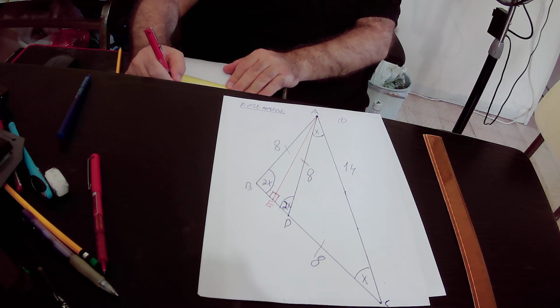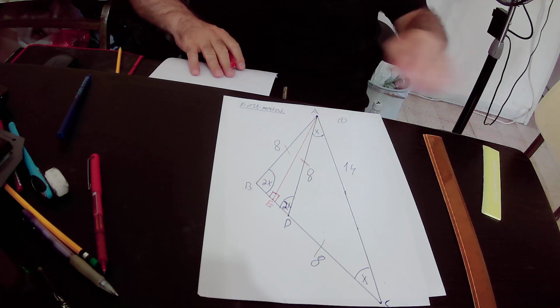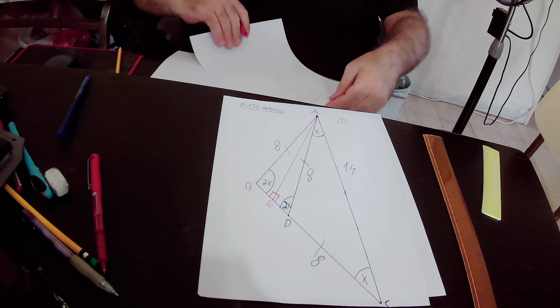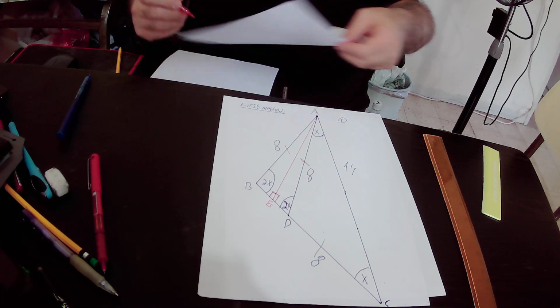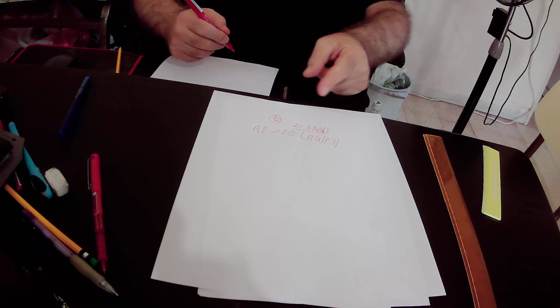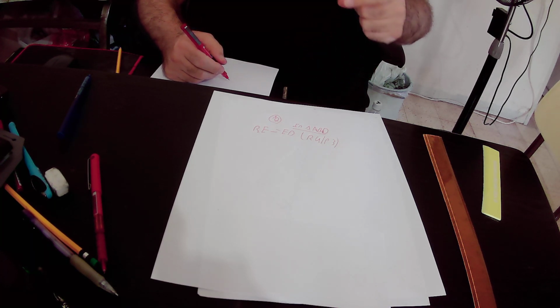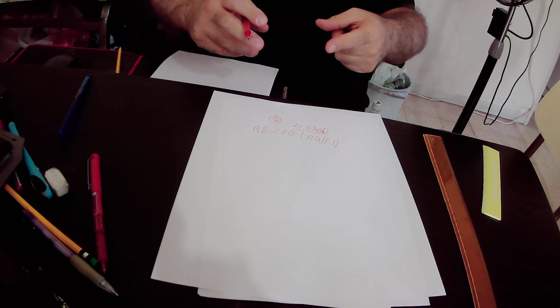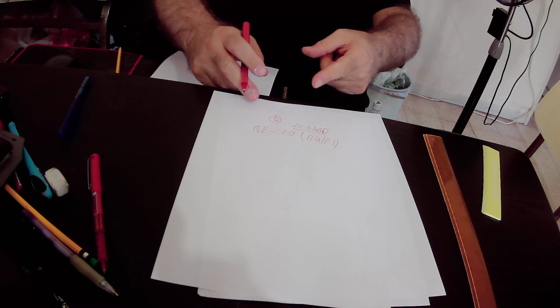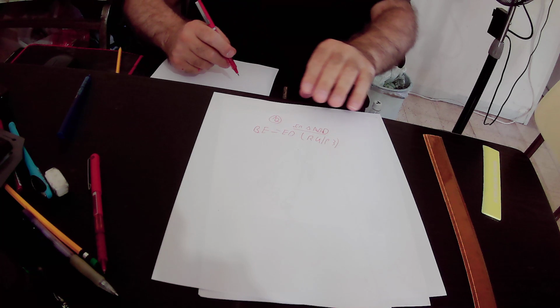That is to say, BE equals ED according to rule number 3.